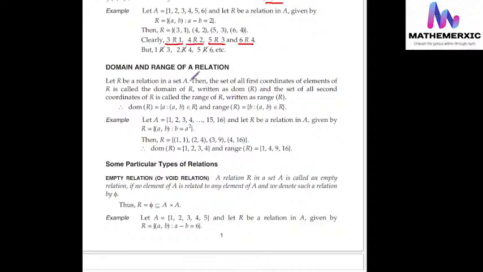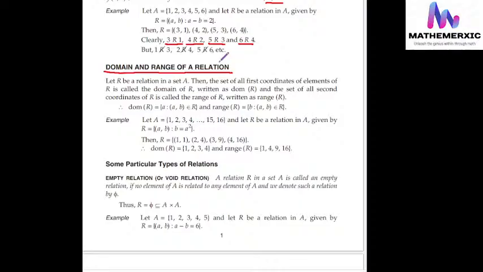What is the domain and range of a relation? Let R be a relation in set A. Then the set of all first coordinates of elements of R is called the domain of R, written as Dom(R), and the set of all second coordinates of R is called the range of R, written as Range(R).